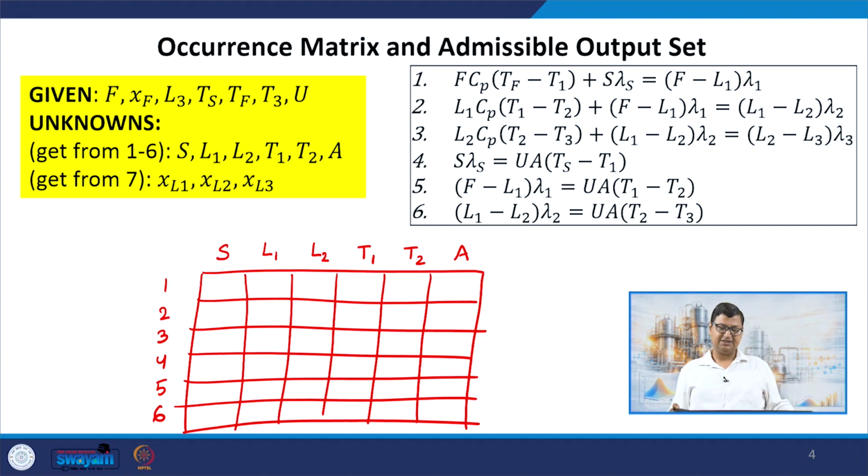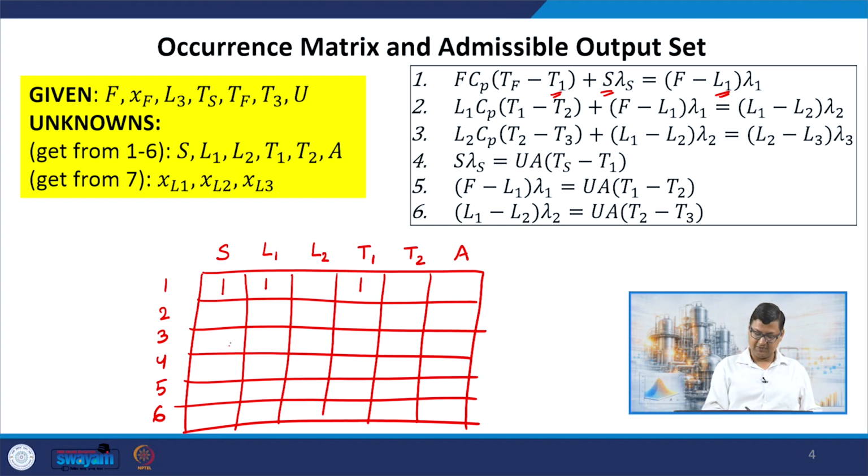As we can see, S is appearing in the first equation, L1 is also appearing in the first equation, T1 is also appearing in the first equation, L2 and T2 are not appearing, and A is not appearing.